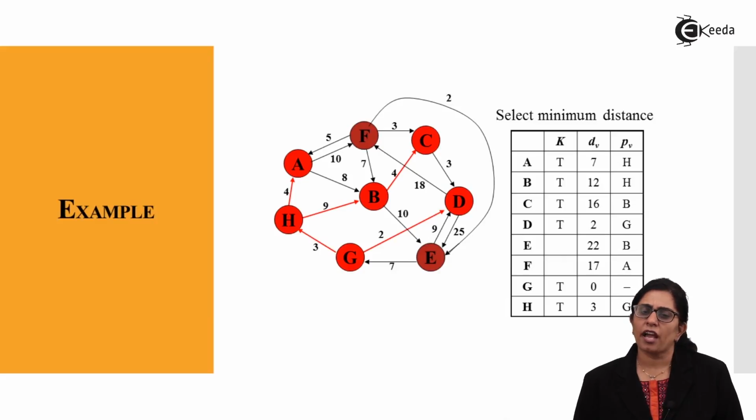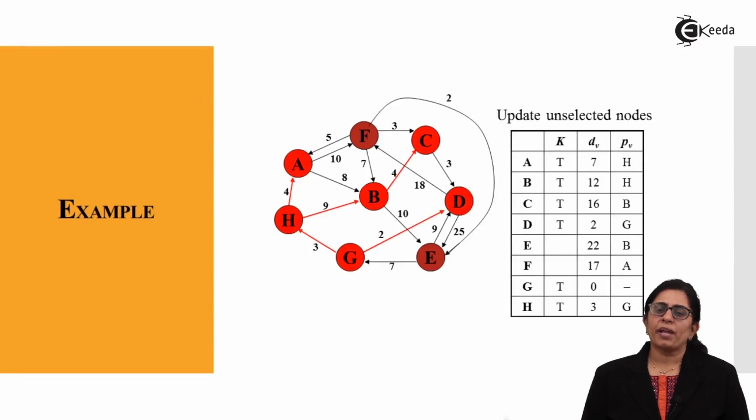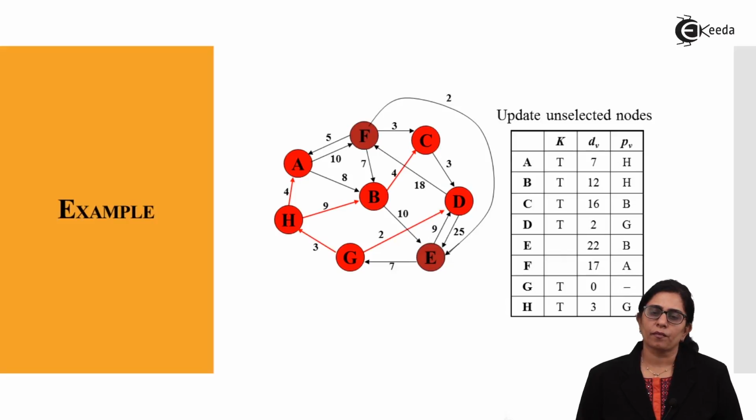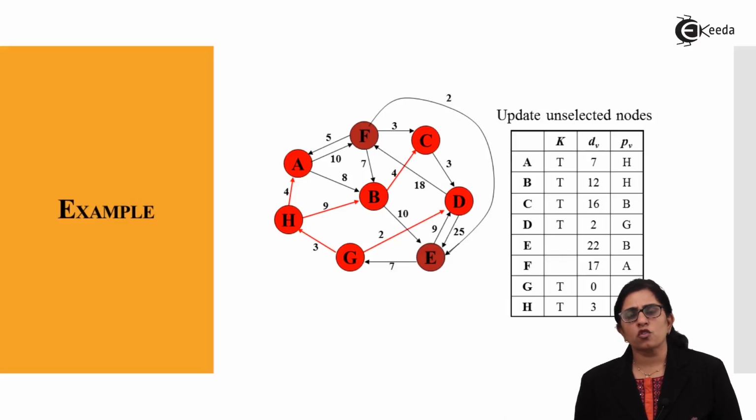And from C, I cannot go anywhere else, so we leave it as it is. Now, the next step is to update any unselected node. There is no updation needed at present, so we leave the tree as it is and then we move on to the next node.